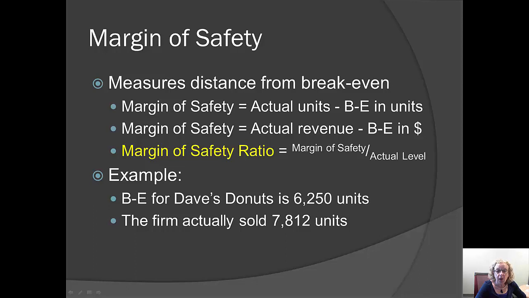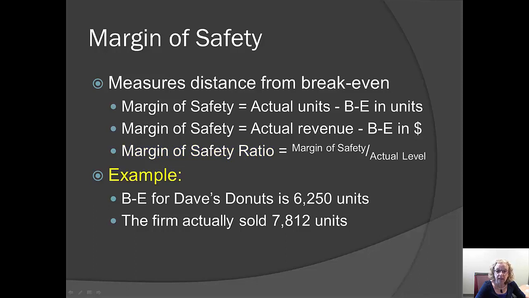So, for example, we already figured out in the previous section that break even for Dave's Donuts is 6,250 units. What if the firm actually sold 7,812 units during the period?